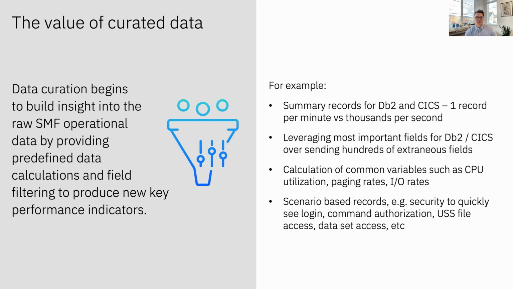But there are a number of other types of curation done with this solution. So we think about summary records, so writing out a single DB2 or CICS record every minute versus the sometimes thousands that are actually written per second. So looking at just these interval time windows, pulling out just the important fields which I've mentioned, and doing common calculations for variables, like IO rates, paging rates, CPU utilization.